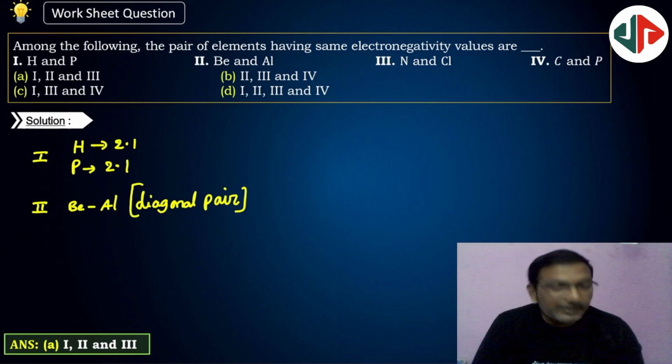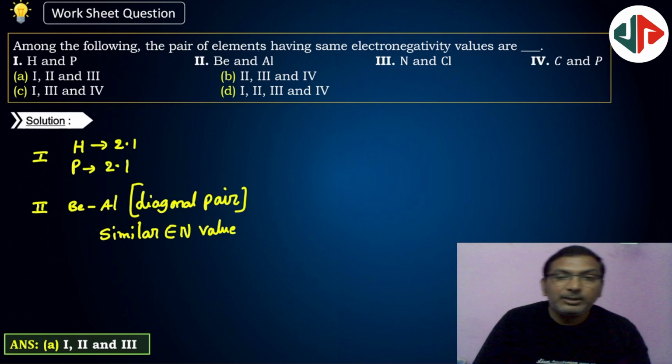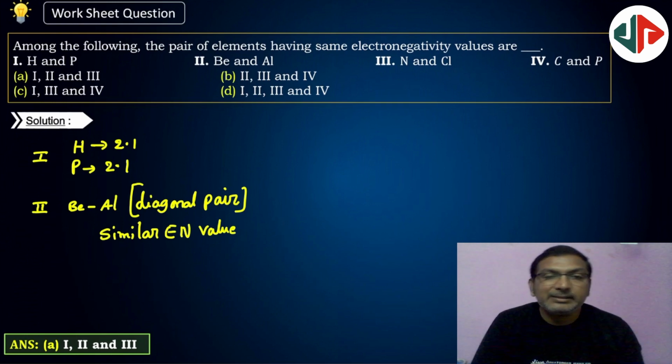So diagonal pair will be having similar electronegativity value. In case of diagonal pair, no need to check values. Beryllium and aluminum will be having similar electronegativity value. Therefore, these will be having diagonal relationship.